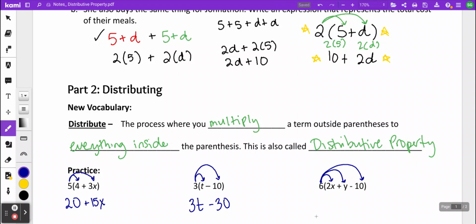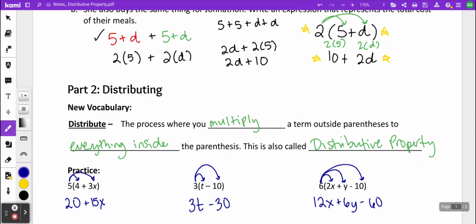We've got 6 times 2x, that's 12x. 6 times y, or 1y, would be 6y. And then 6 times 10 would be 60. So I get 12x plus 6y minus 60. That is a simplified way to write that expression because now there's no more multiplication happening with the 6. It's already been multiplied. And so that's what we're doing today.